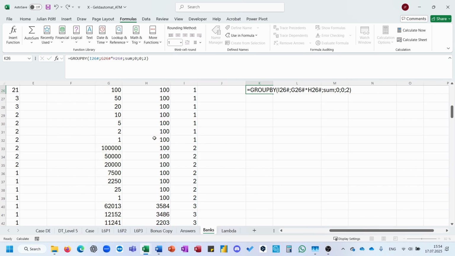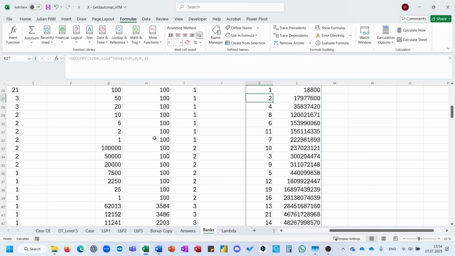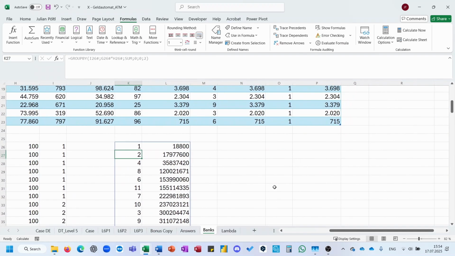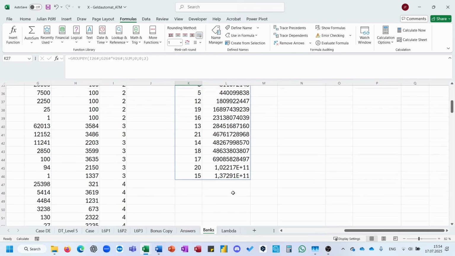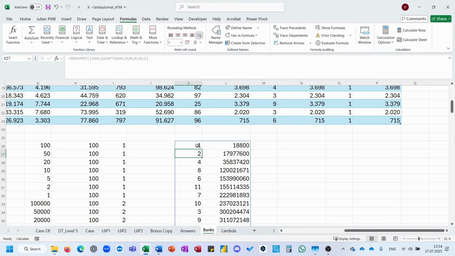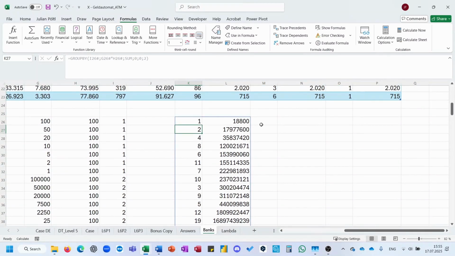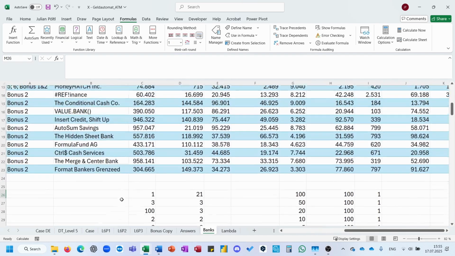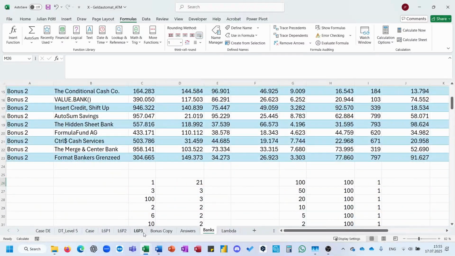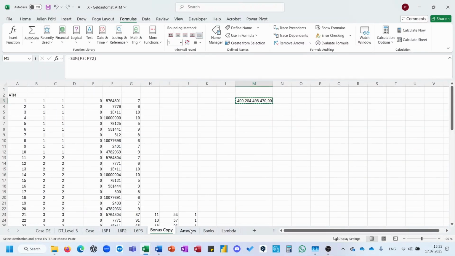Okay, this will take a second. And now we have the banks and how much money you have withdrawn from them sorted, and this is then the bank order we use. We need to withdraw this amount.